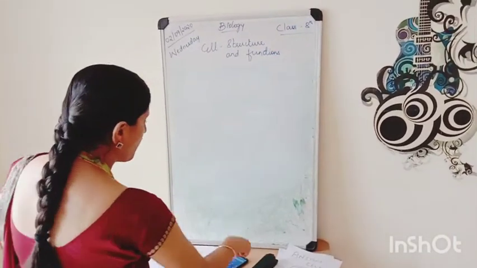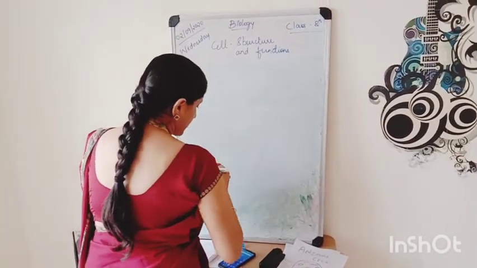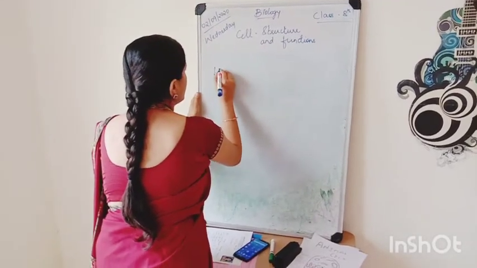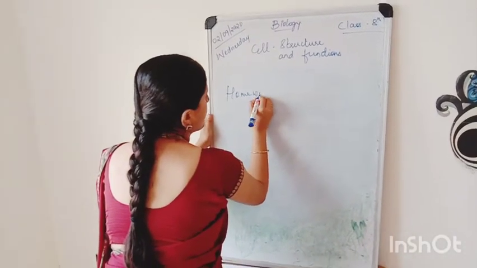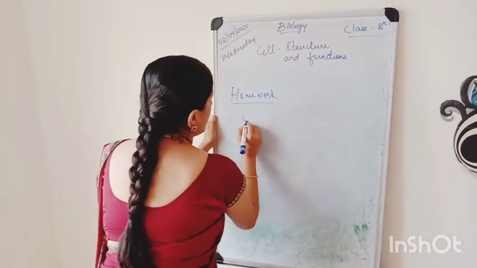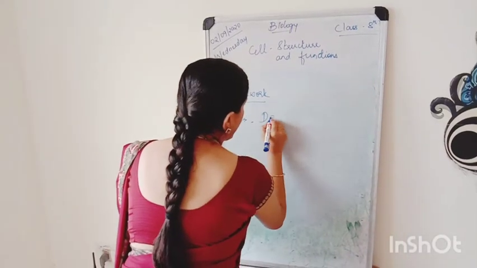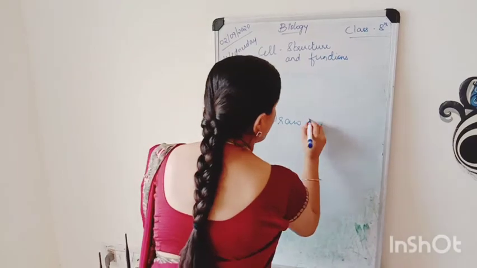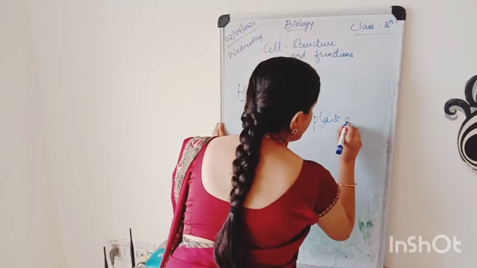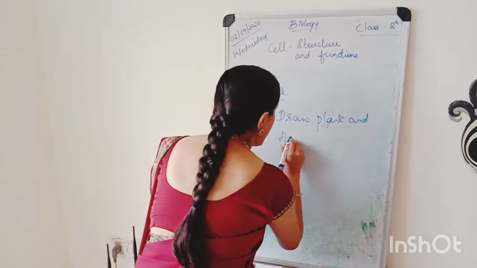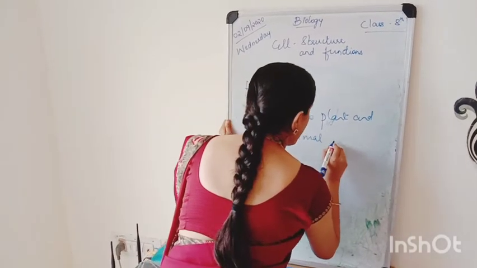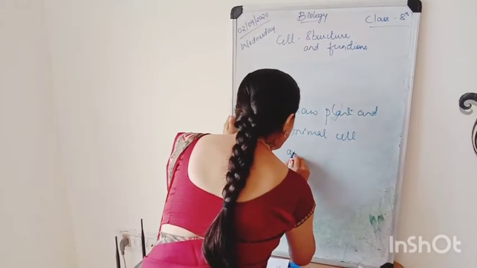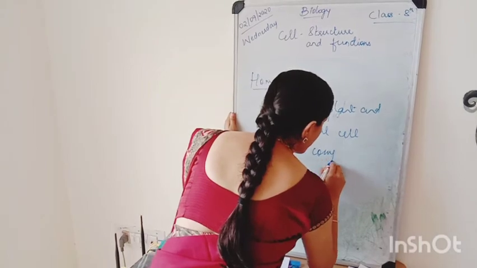So I'll give a homework for you guys. Homework is: draw plant and animal cell, and compare them.